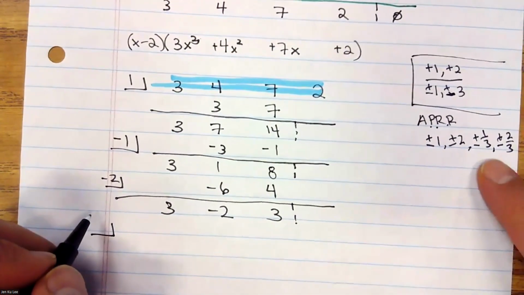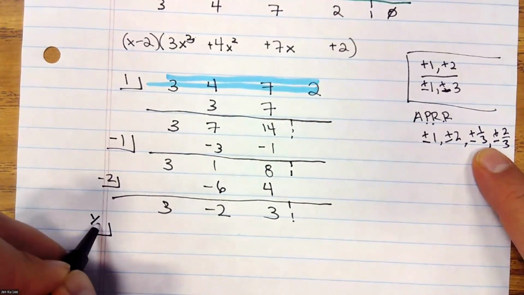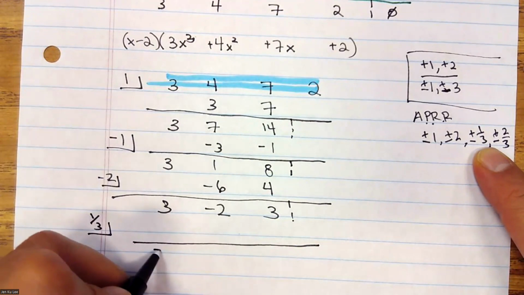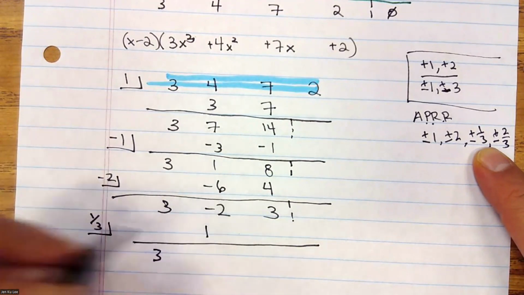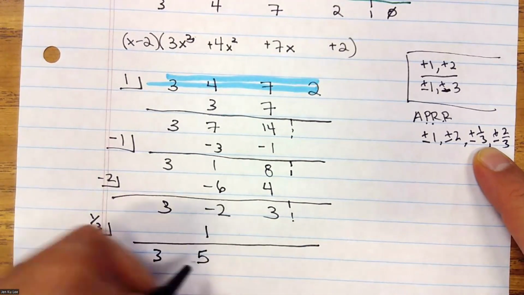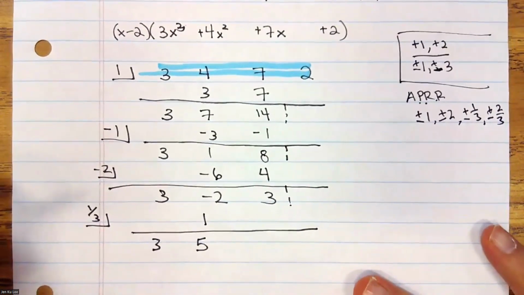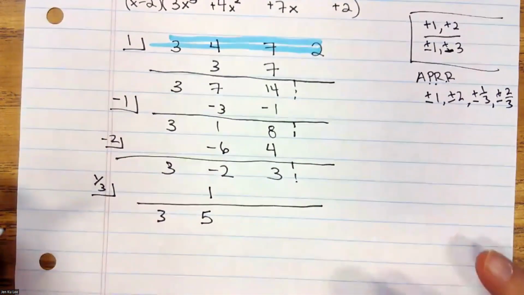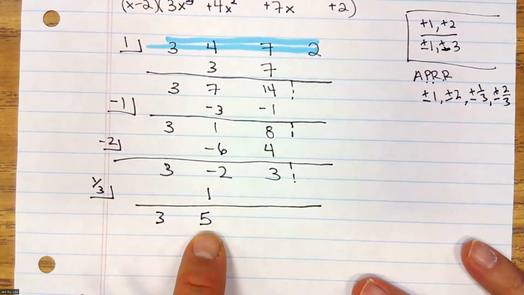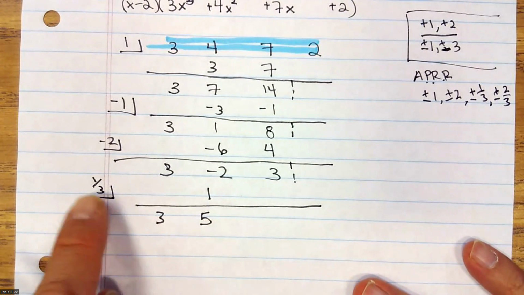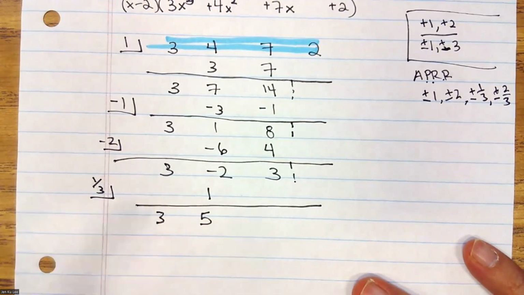So I'm with the 1/3. Let's try 1/3. 3, 1, 5. I'm gonna stop. Why am I gonna stop? It's gonna get messy, right? 5 is not divisible by 3, so it's just gonna get messy from there on out.